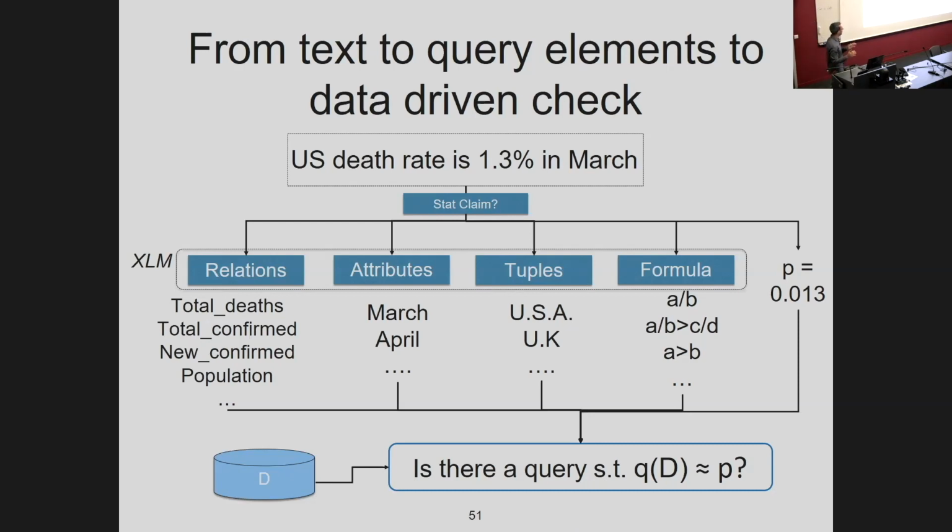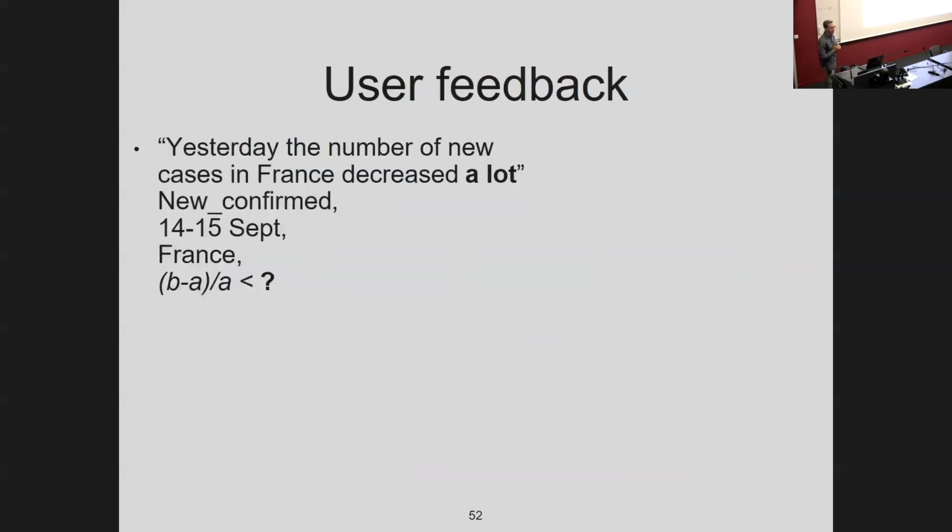You can break it very easily because you can try things like this: yesterday, the number of new cases in France decreased a lot, right? You can imagine our classifiers are going to identify that you need a certain table, a certain attribute, key, formula, but P here is really domain specific, dataset specific.